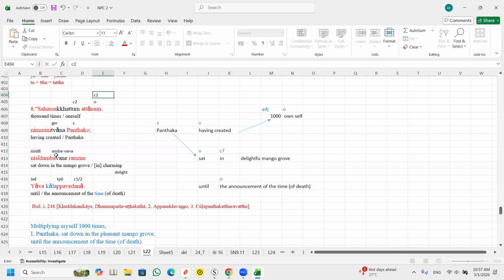So the I drops, the A is retained. This is of course clear cut. This is a locative. So in this case, you see set in a mango grove. Can you see the word this and this, the same case, locative, both locative. So in this case, both locative. That means I'm going to use this as an adjective.